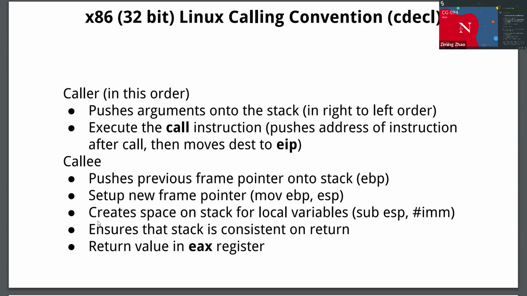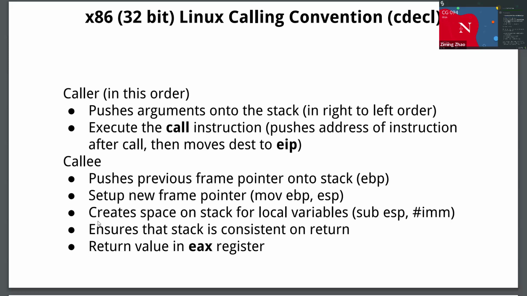The callee will first push the previous function's frame pointer, which is in EBP, onto the stack. So we save EBP onto the stack. Then it will set up its own new frame pointer, basically moving ESP to EBP. Then it will create space on the stack for its own local variables, just subtracting some value from ESP.